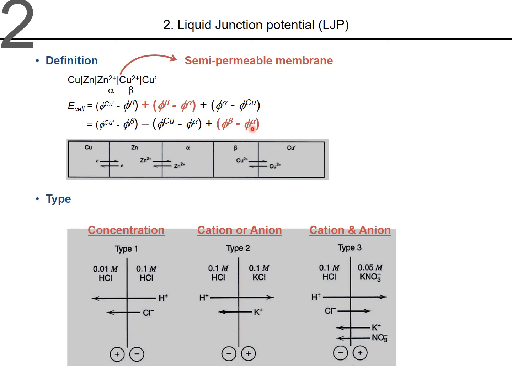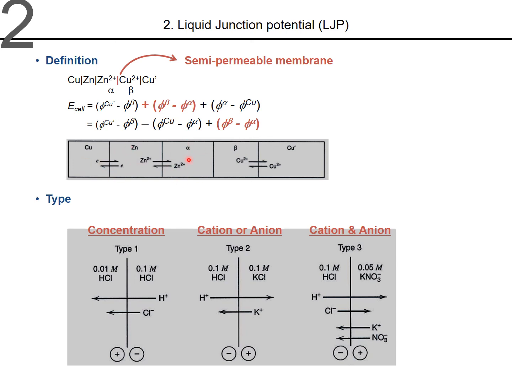What does it mean? The first potential difference term is about the potential difference between kappa prime and beta, which is the potential difference around the interface between electrode and electrolyte. And the other is the potential difference around the other interface between the kappa electrode and the alpha phase of electrolyte.